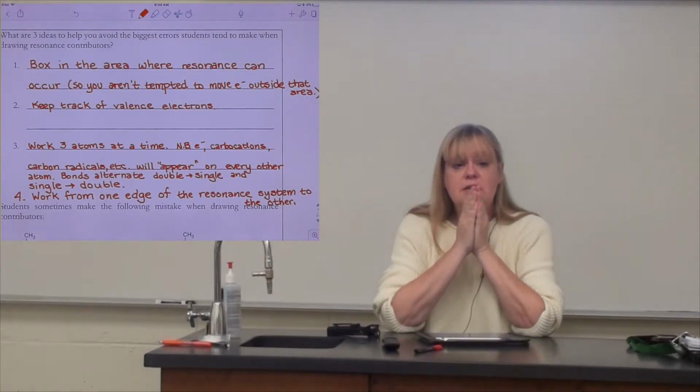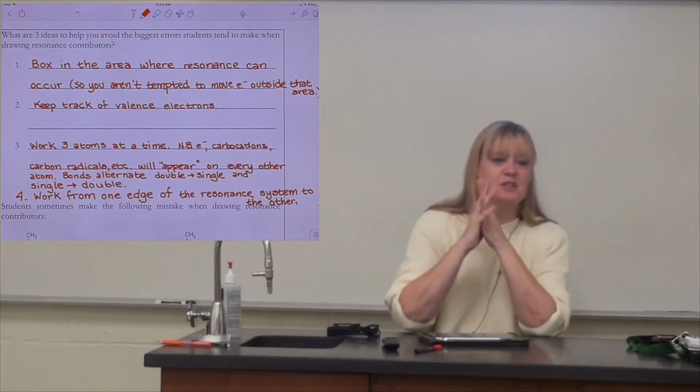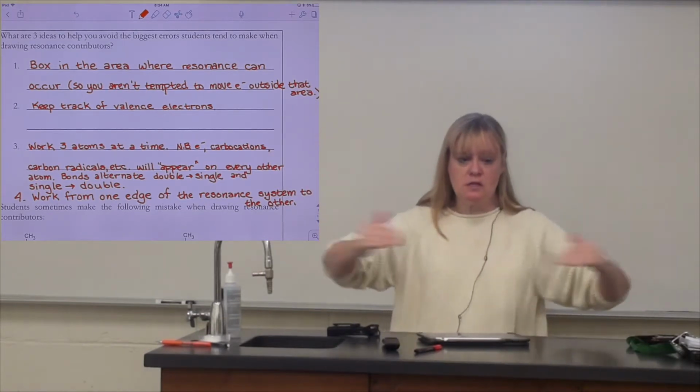And if the carbocation starts out in the middle, then work to the one edge and then work the other direction to the other edge. What I'm saying is you can resonate electrons within that whole system, so do it.